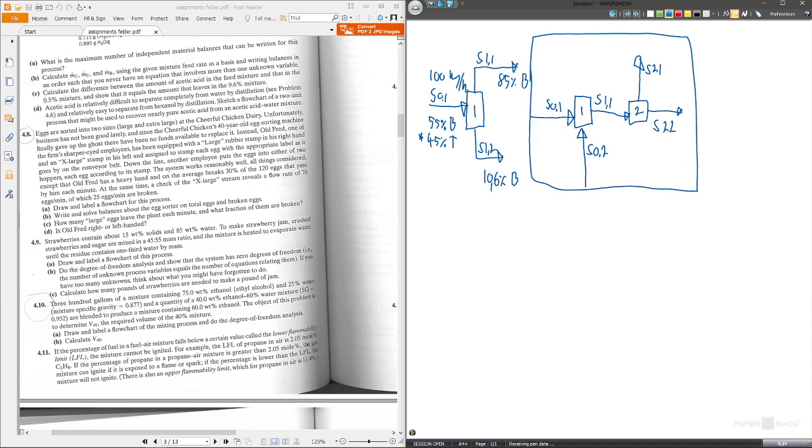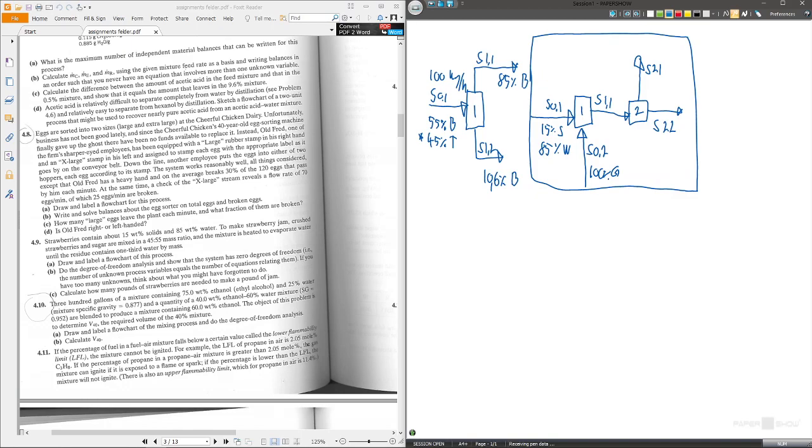The information we're given is that our strawberries, so I'm going to say that's our 01, I think, let me just check, yes, contains 15% of solids and 85% of water. Our 02 is where I want to add my sugar, or my glucose I've decided to call it. This will be pure sugar, so that is 100% glucose.